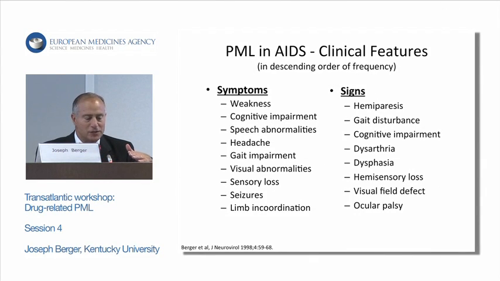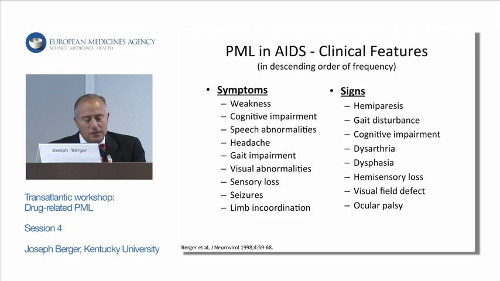Earlier today, we saw what the clinical manifestations were in the natalizumab-associated group. They're not terribly different in the AIDS-associated group. This comes from a series that I collected while I lived in South Florida of 154 patients with AIDS-related PML.